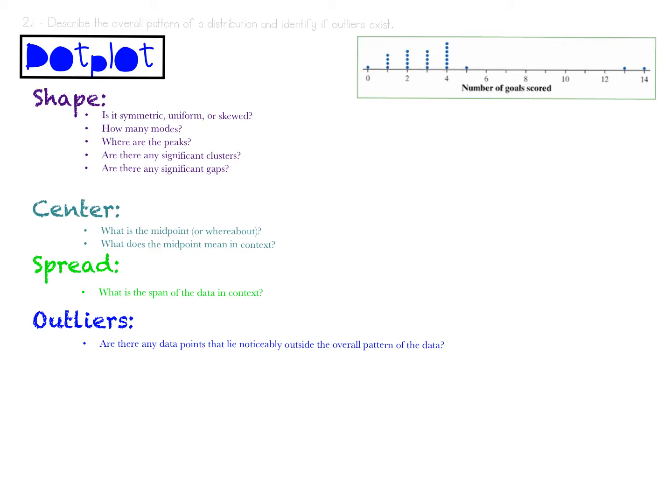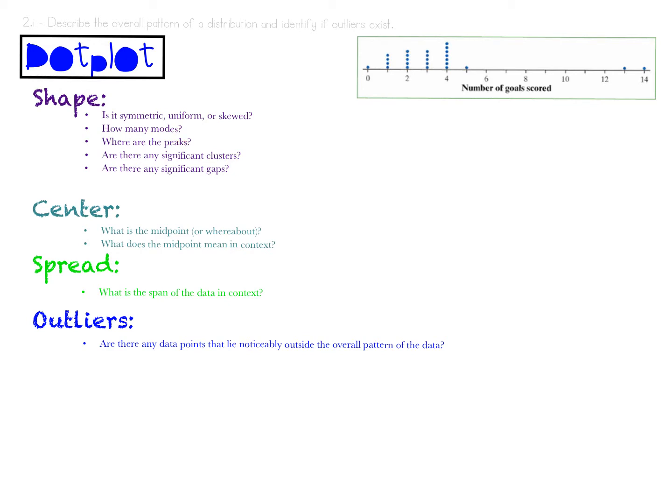So these are some questions that I think through when I'm trying to determine the overall pattern of a distribution. So when I'm thinking about shape, I'm thinking about, is it symmetric, uniform, or skewed? How many modes? And a mode is, we know, the number that occurs the most. So are there some peaks, which the mode will identify with a peak?